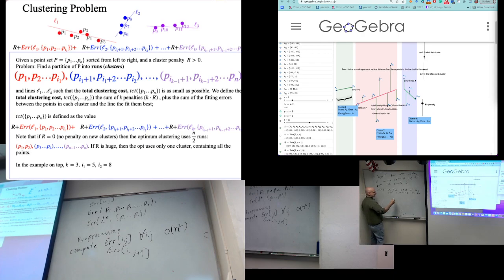Using the prefix trick, that is the opt clustering of the points P1 dot dot dot Pi.